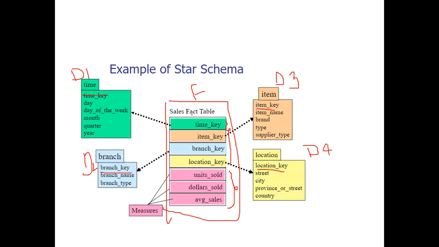Select from the sales fact table, join the sales fact table with the time table using the time key, join the sales fact table with the location key, where year equal to 2010, quarter equal to first quarter, city equal to Hyderabad, right? Now you see, I'm able to capture whatever data is required just by combining these tables.